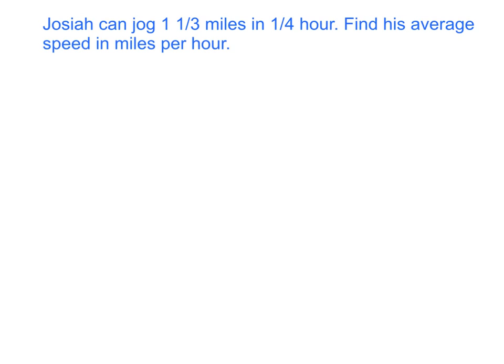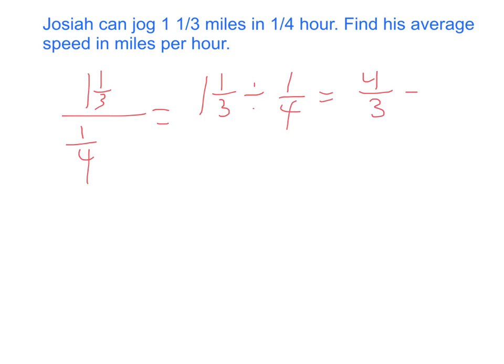If I was going to do this, I would have said that this is 1 1/3 miles in 1/4 of an hour. So this becomes 1 1/3 divided by 1/4. But I can't deal with 1 1/3, so this is really 4/3 divided by 1/4, which is really 4/3 times 4 over 1, or 16 thirds.